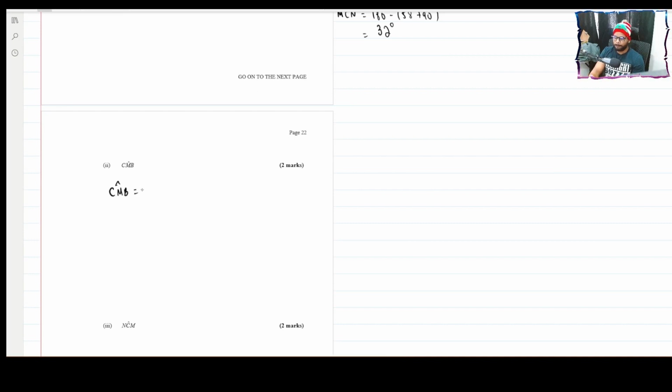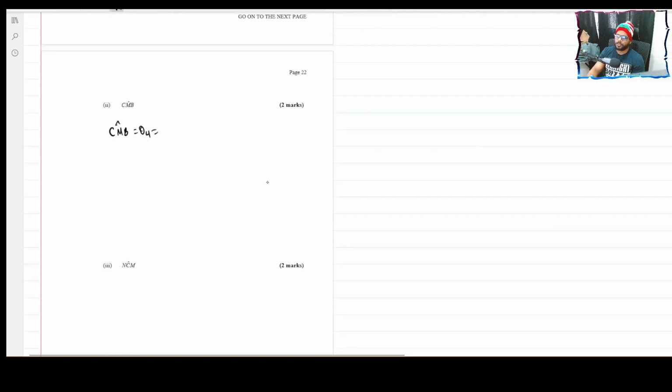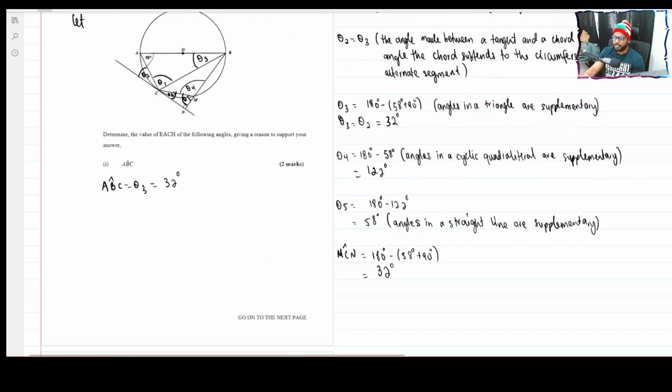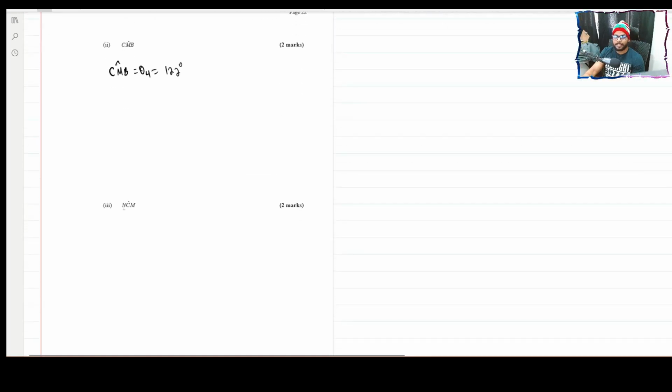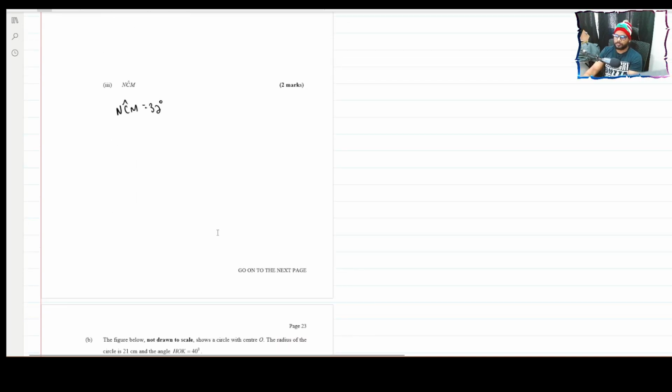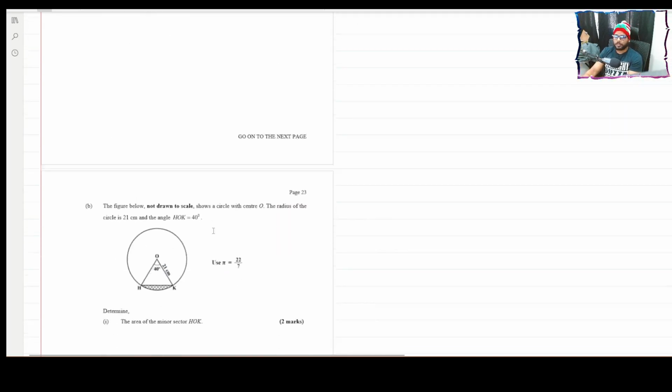CMB is theta 4, and theta 4 we worked out to be 122 degrees. NCM, that is what we now calculate here, that is the same as MCN, and NCM is the same thing. So NCM is 32 degrees, and we already gave all the reasons above. Are we good to go for that question?